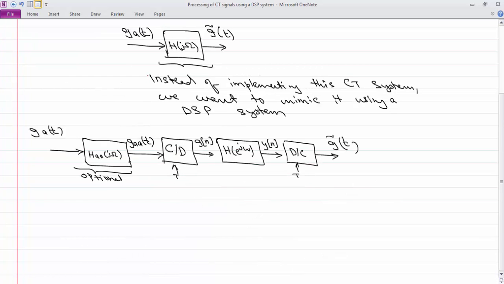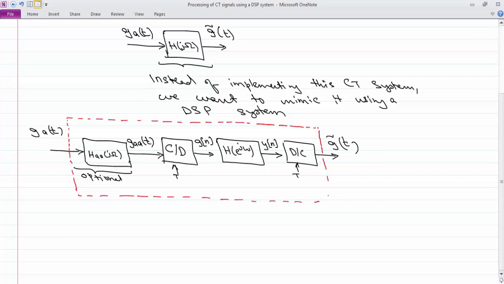Now, using a DSP system to mimic a continuous time system means that you want this entire block, which is not really a continuous time LTI system, you want this block to have the same effect on frequencies as the block if you had a continuous time system in there.